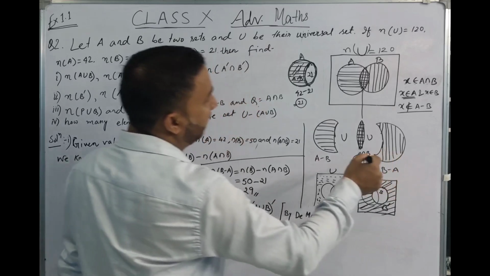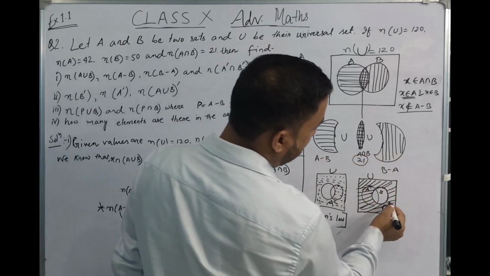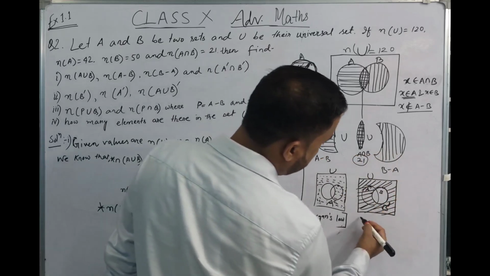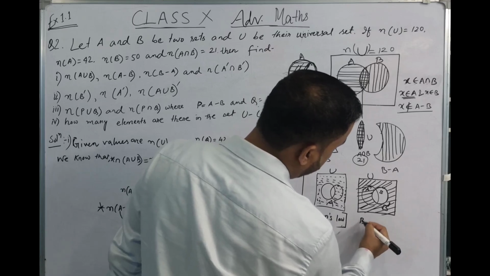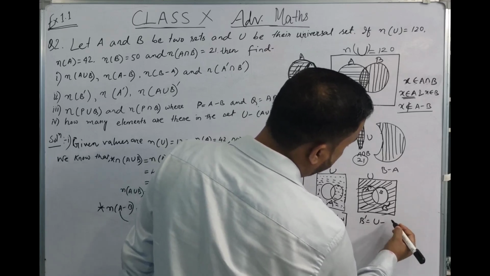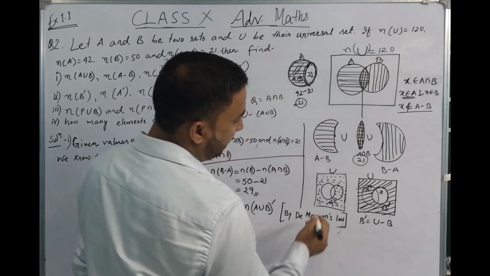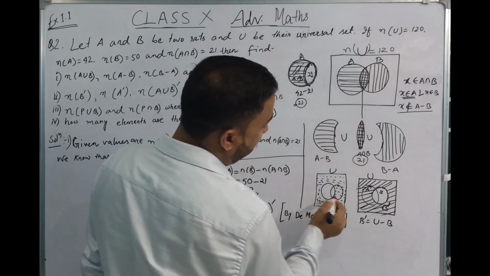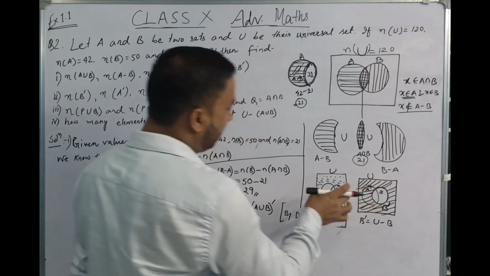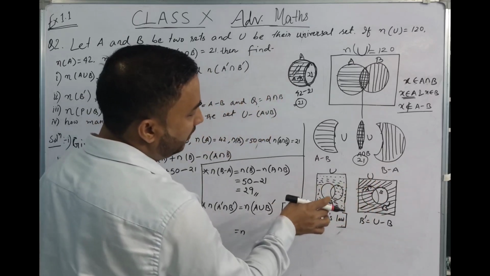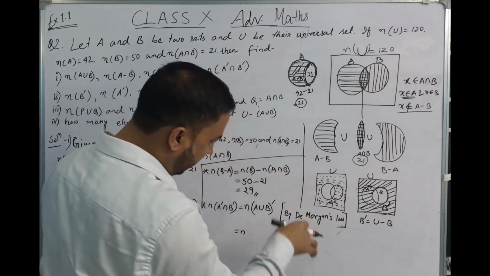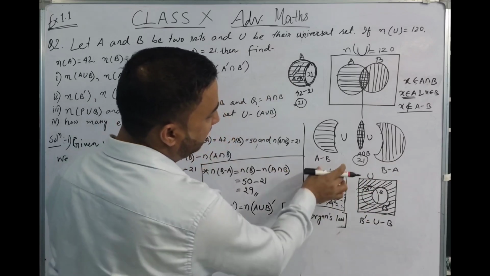To get any complement, this is B complement. What is B complement? I have just shown you that B complement is nothing but U minus B, and A complement is U minus A. So if anything is there as complement, you have to subtract the elements from the universal set.